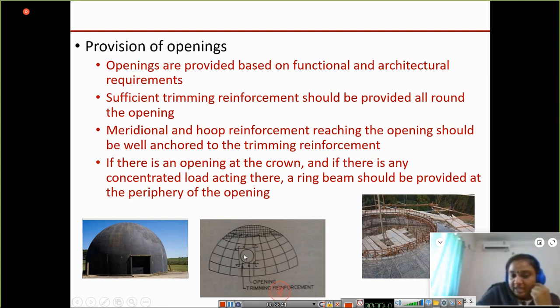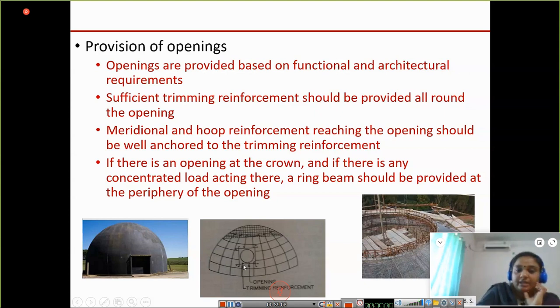So you need to stop the reinforcement like this, provide extra reinforcement like this, and then this needs to be connected properly to this reinforcement, so that from here the stress will get transferred here, it will come here, and then it will come down to the bottom reinforcement. Like that, you need to give the load path clearly.